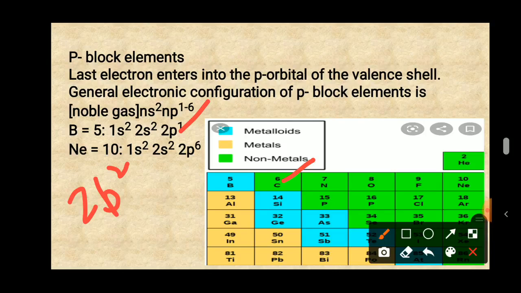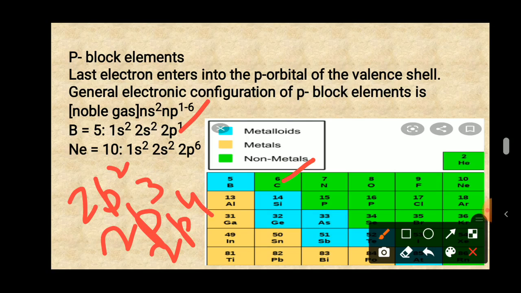Nitrogen, atomic number 7, is 1s2, 2s2, 2p3. Oxygen is 1s2, 2s2, 2p4. Fluorine, atomic number 9, is 1s2, 2s2, 2p5. Neon, atomic number 10, is 1s2, 2s2, 2p6. So the electrons are filled up to 6.